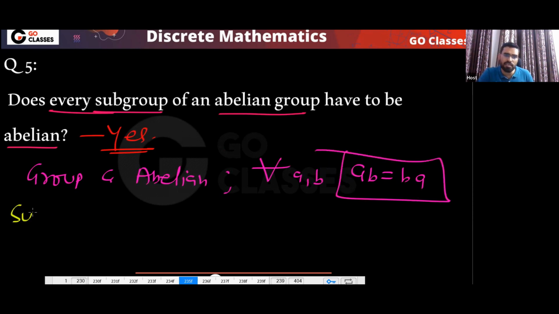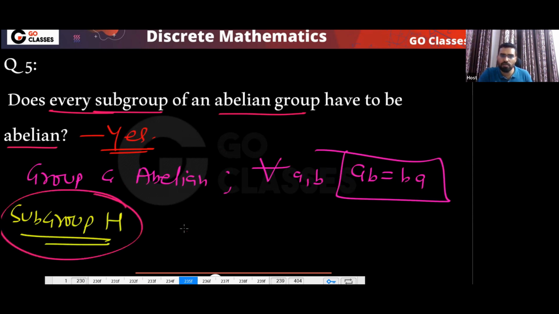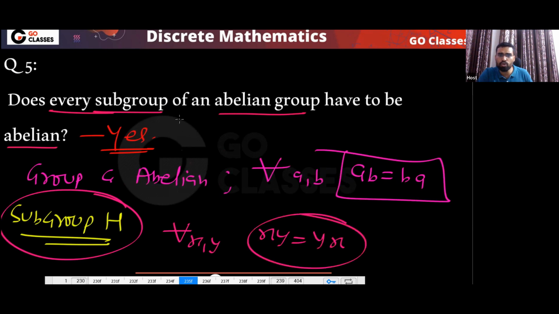Now, if you take any subgroup H, then for this subgroup also, for any x, y, xy will be equal to yx, because the operation is the same.